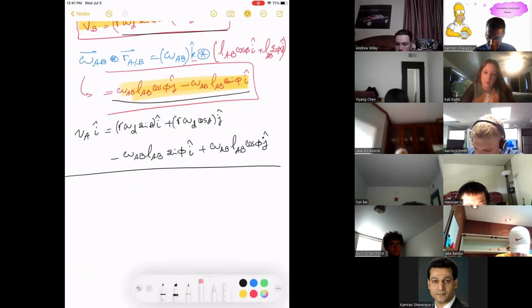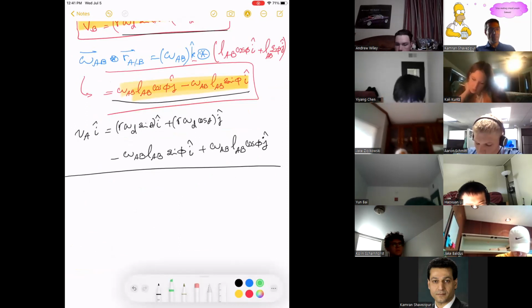Now you guys tell me how many unknowns we have in this equation. The problem asks for velocity and acceleration of A and angular velocity and acceleration, omega AB, alpha AB, right? The problem says determine the acceleration of A, just for acceleration.